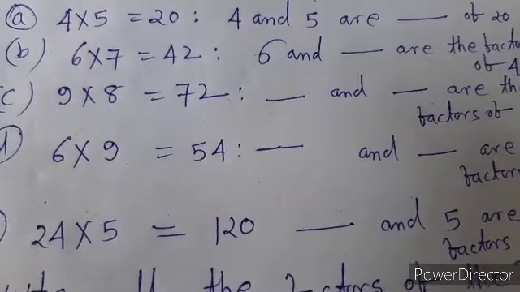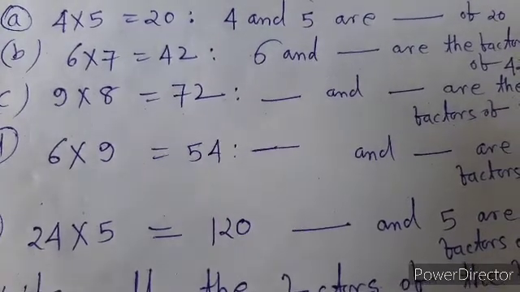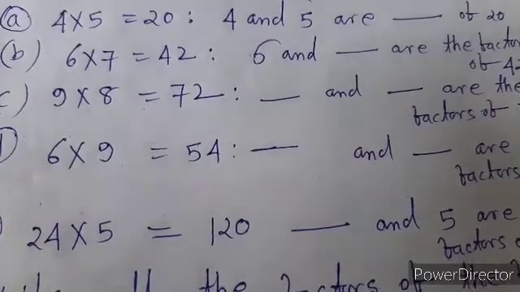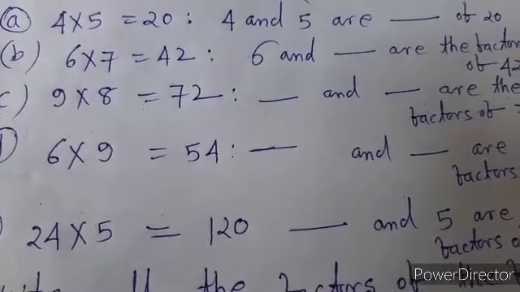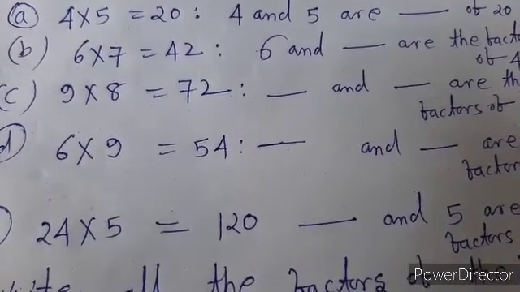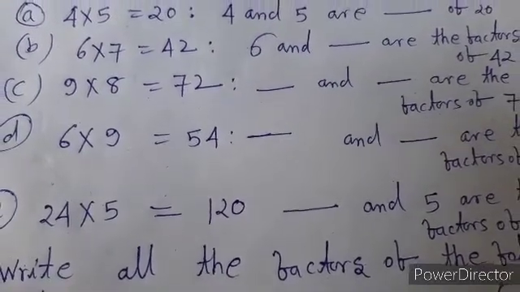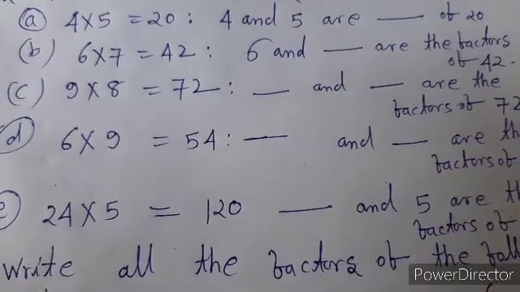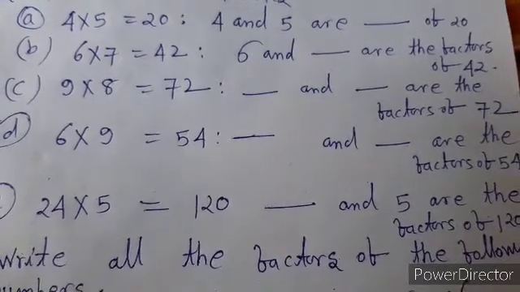So dash and dash are the factors of 72. In question D, 6 into 9 is equal to 54. So dash and dash are the factors of 54. In question E, 24 into 5 is equal to 120. Dash and 5 are the factors of 120.